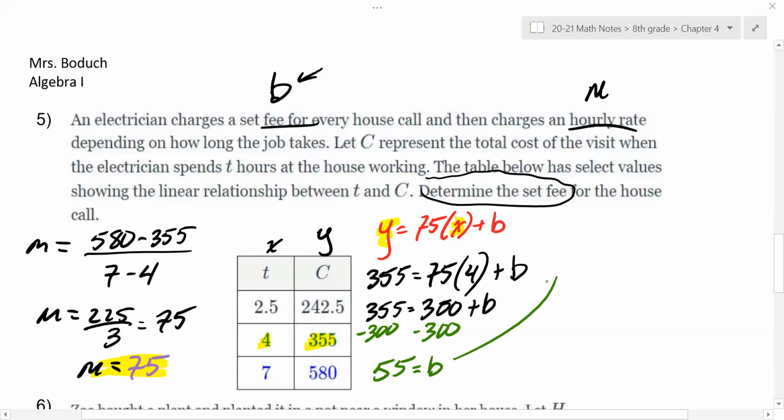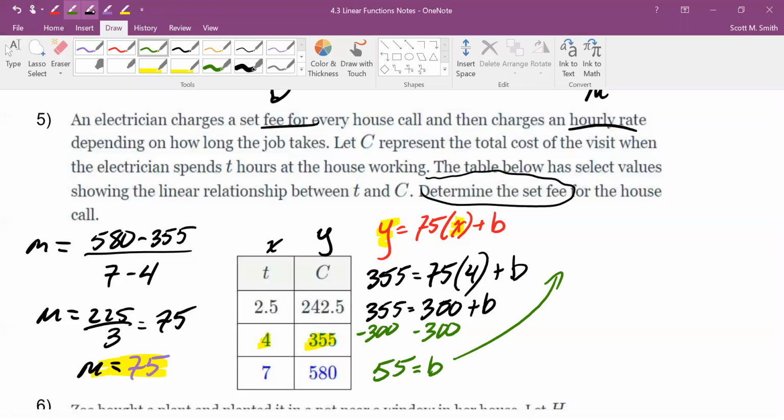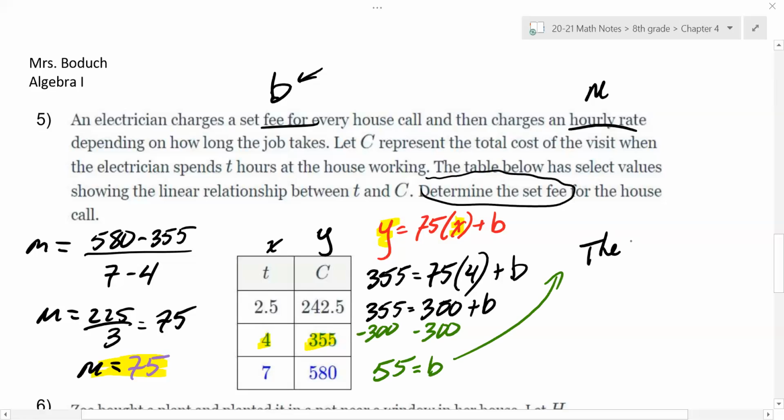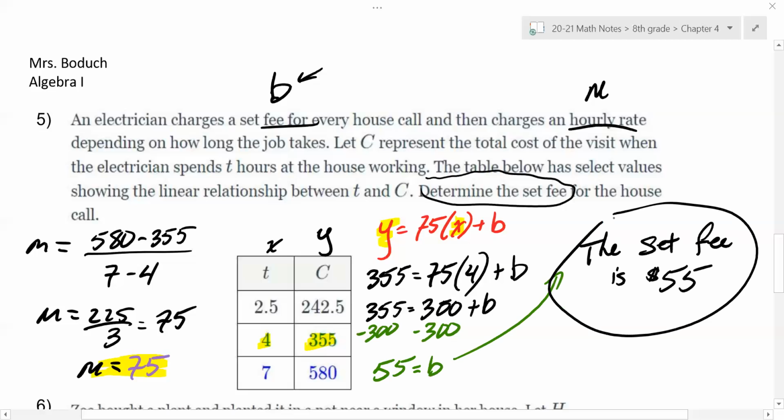So that tells me the set fee, just for going there, is $55. Because no matter what, if he steps into your house and goes, I can't help you, that initial fee of $50 is already theirs.